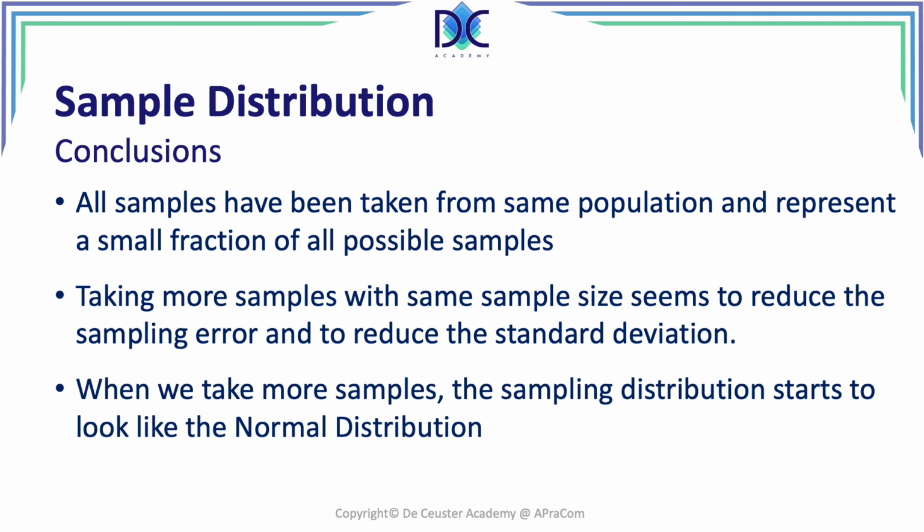When we take more samples, the sampling distribution starts to look like the normal distribution. And when you look at the graphs that you've seen before, you will notice that this is in fact true. The more samples we take, the distribution of the sample averages will look closer to the normal distribution.